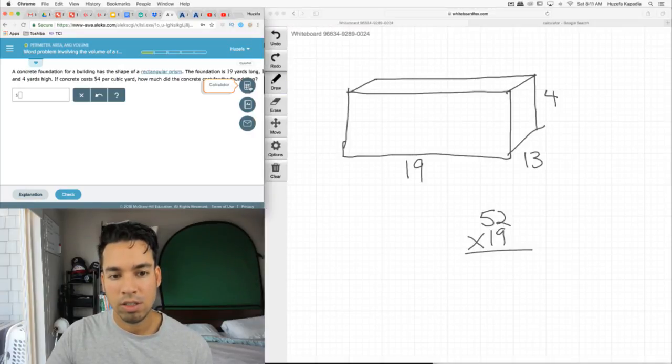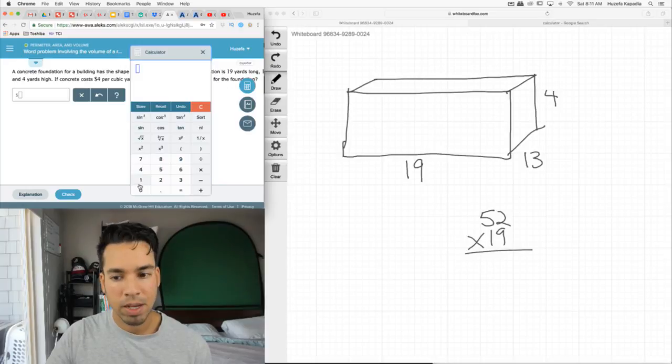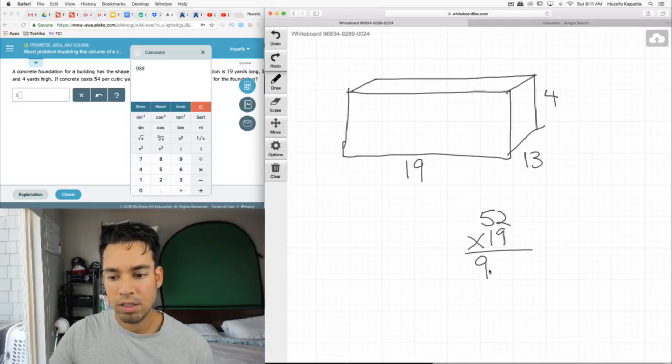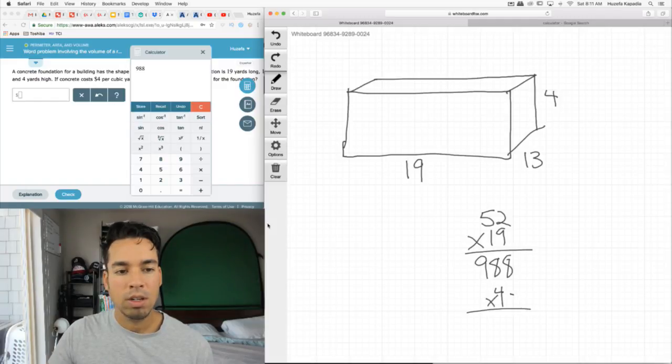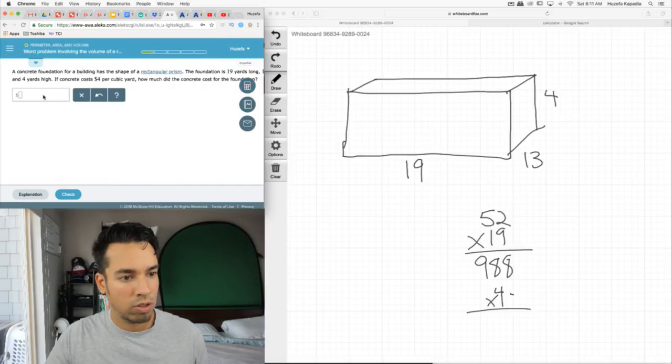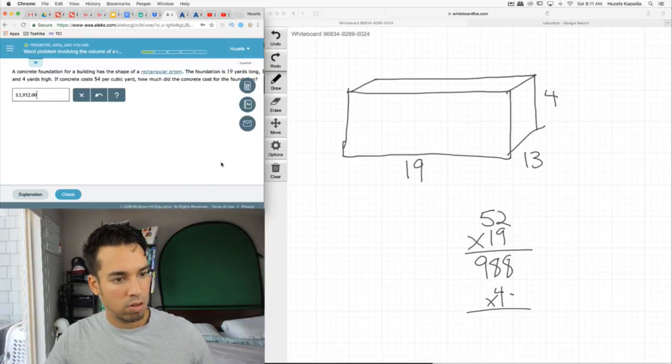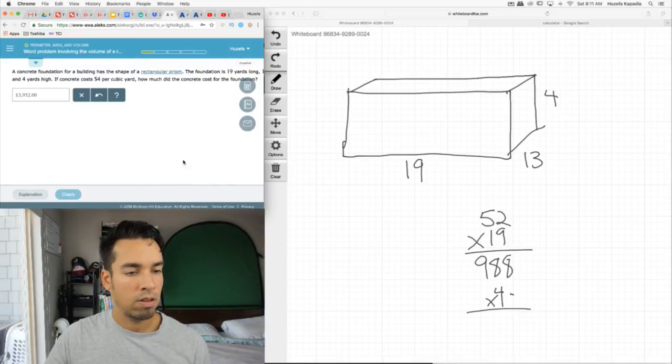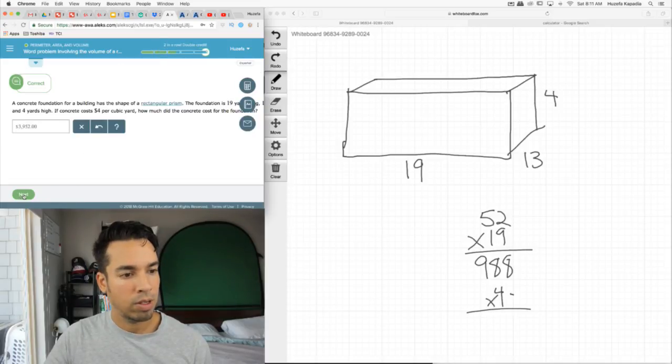So let's use the calculator since they give that, because this is a bit hard for me in my head. 52 times 19 equals 988. And then we multiply this by 4 to get the cost. And it's $3,952. There we go.